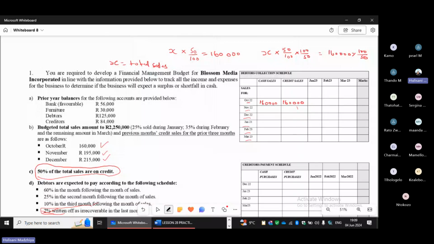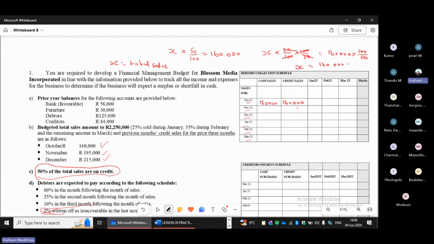This will cancel this and this will cancel this. That's how you work it out, or you can just do cross multiplication and you'll come back to this same final figure.